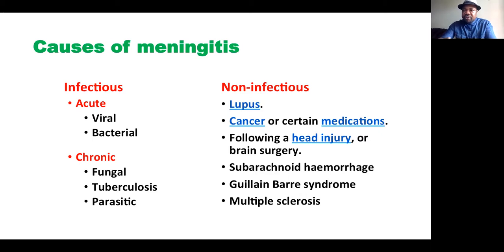But in chronic cases, the disease establishes itself gradually, over a few weeks. The patient will tell you that he has been complaining about this gradually and it is slowly getting worse. So that's the difference between acute and chronic, but the clinical presentations might have similarities.